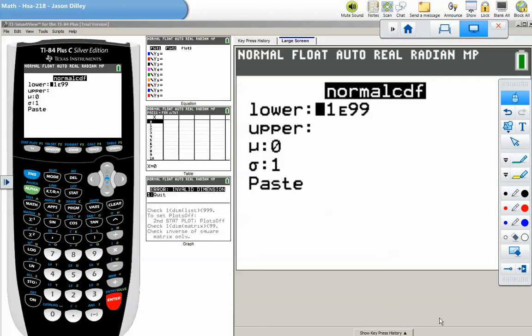Okay, Courtney. It should be in your second bars, and you should be pressing enter on the normal CDF button. Yeah, so you have an older calculator, and you're going to have to type the numbers in manually. You don't get a wizard. So you have an older 84, is what it is, right?